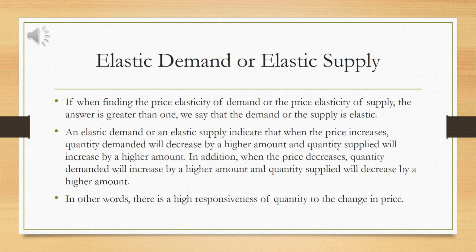In addition, when the price decreases, quantity demanded will increase by a higher amount and quantity supplied will decrease by a higher amount. In other words, there is a high responsiveness of quantity to the change in price.